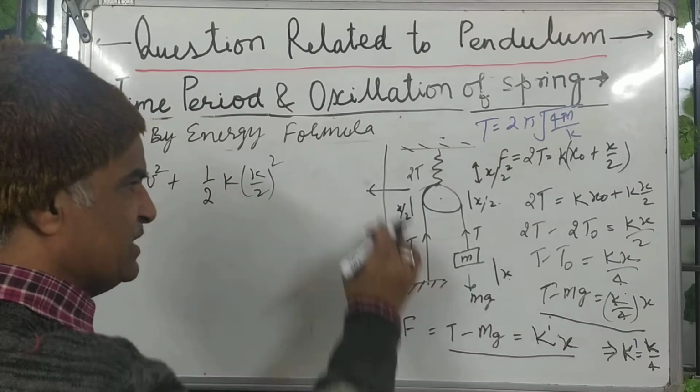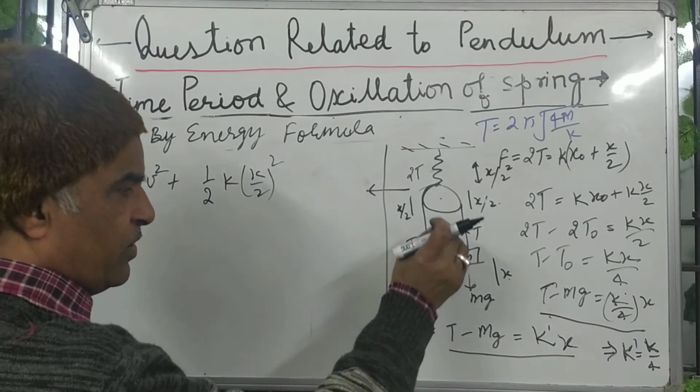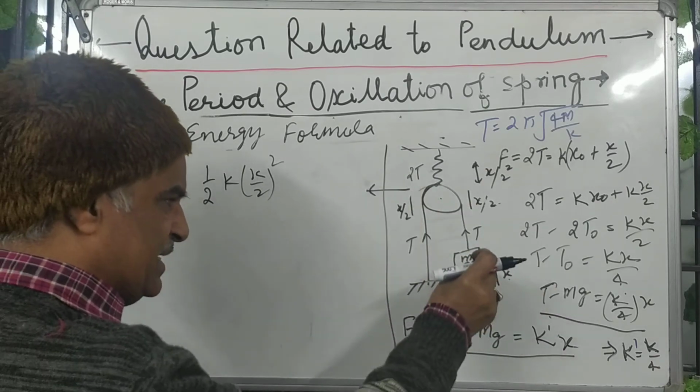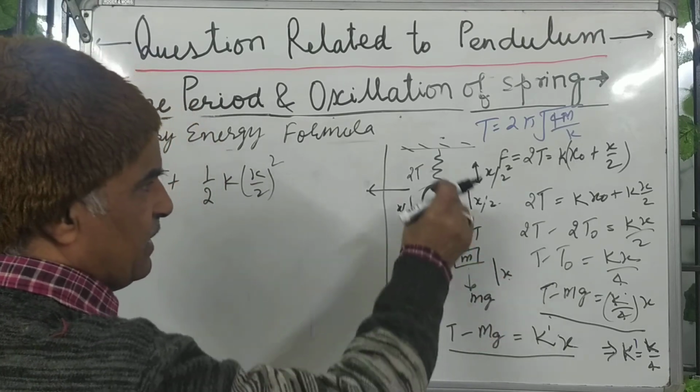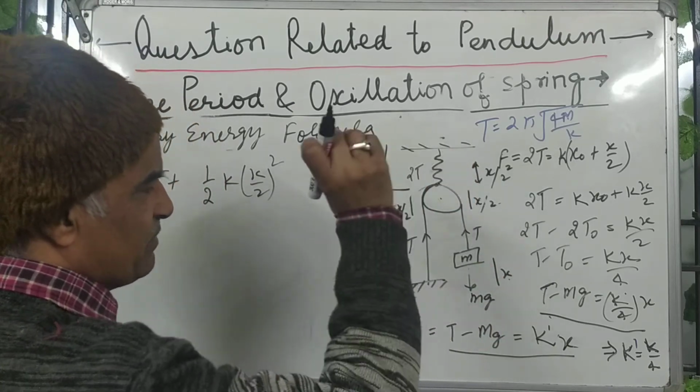First it was in the equilibrium state, now it is displaced by x from equilibrium, and the spring extension will be x by 2.